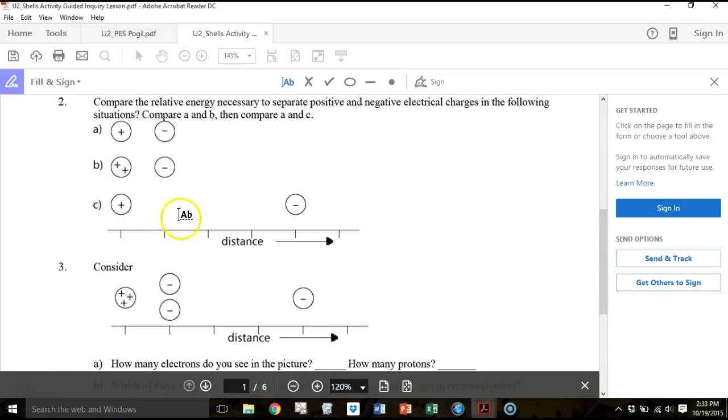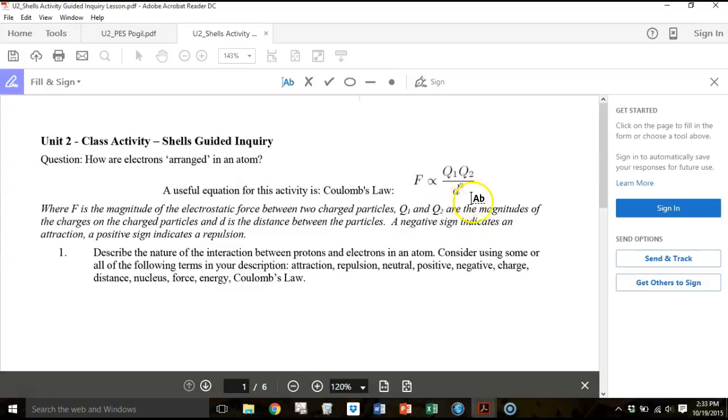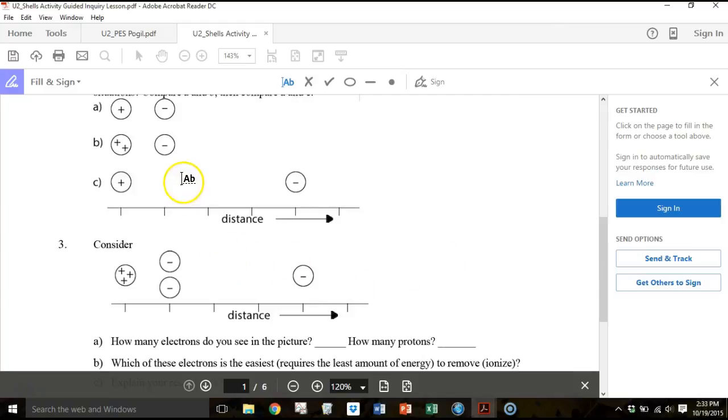When I am factoring in this distance factor, again, the distance, notice, is in the denominator. So the larger the distance between the 2 charged particles, the smaller this force of attraction is going to be, or the smaller the magnitude of that negative force of attraction will be. And this is also squared.